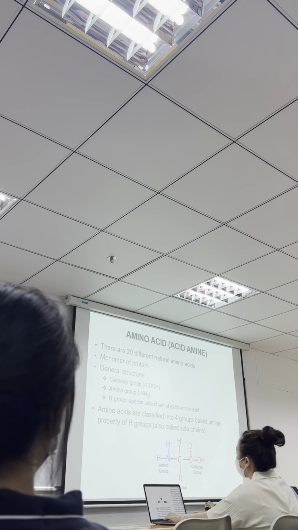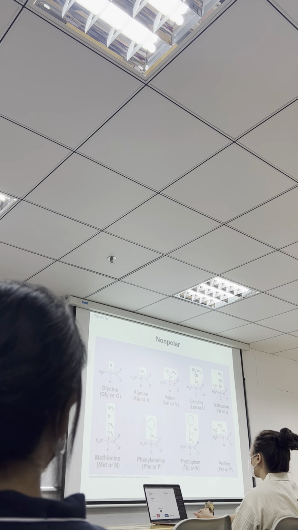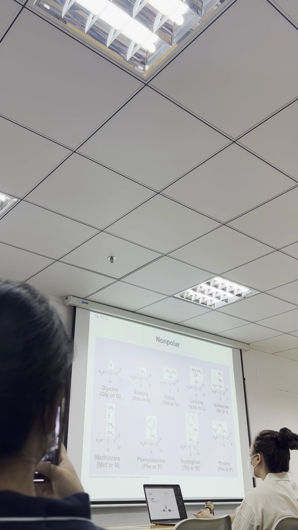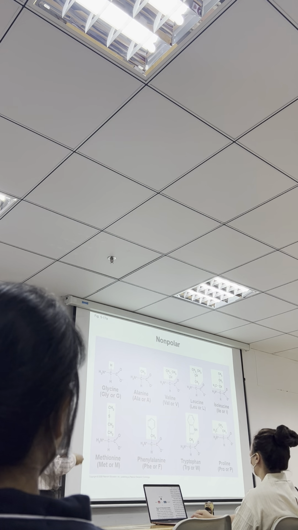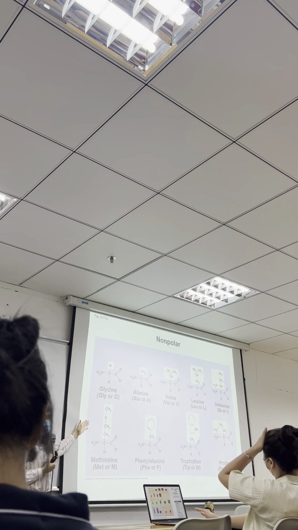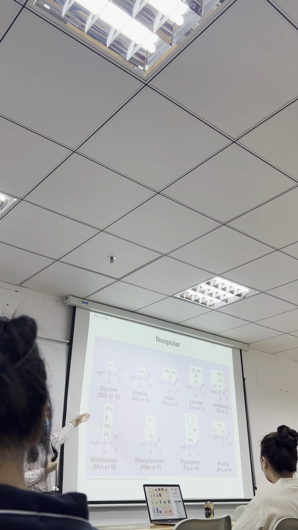So we have four groups of amino acids. Non-polar amino acids, including glycine, alanine, valine, leucine, isoleucine, methionine, phenylalanine, tryptophan, proline. I don't ask you to memorize the chemical structure of amino acids. This is the job of the biochemistry lecturer.